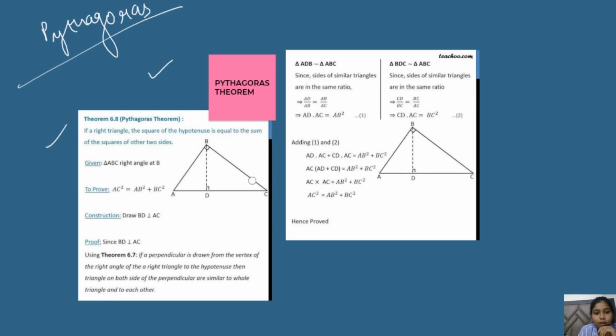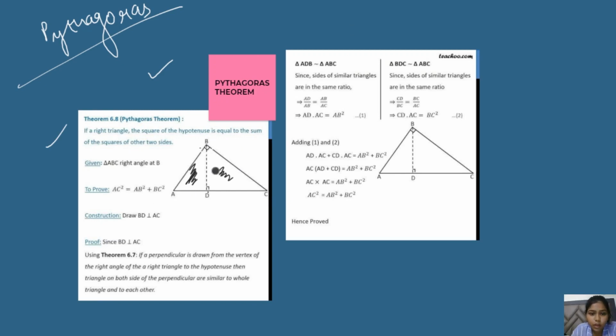So we are given a right triangle, right angled at B. We have to prove that the sum of the squares of the base and perpendicular equals the square of the hypotenuse. So what we'll do is draw a perpendicular from B. Now since BD is perpendicular to AC, from theorem 6.7, which I have already told you, this particular triangle will be similar to the whole triangle, and this is also similar to the whole triangle.